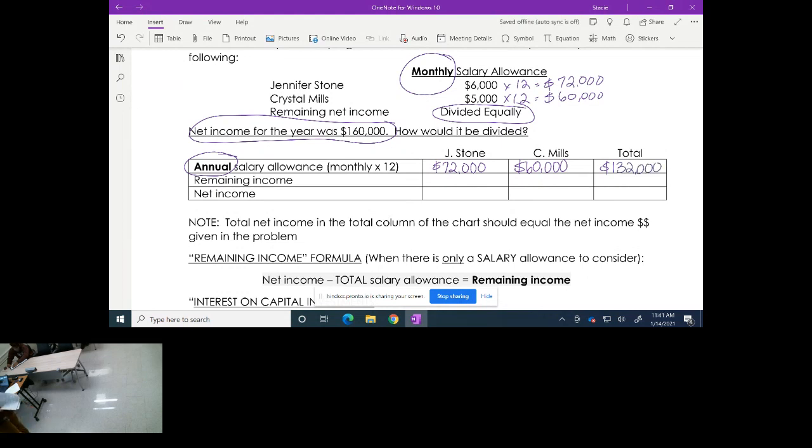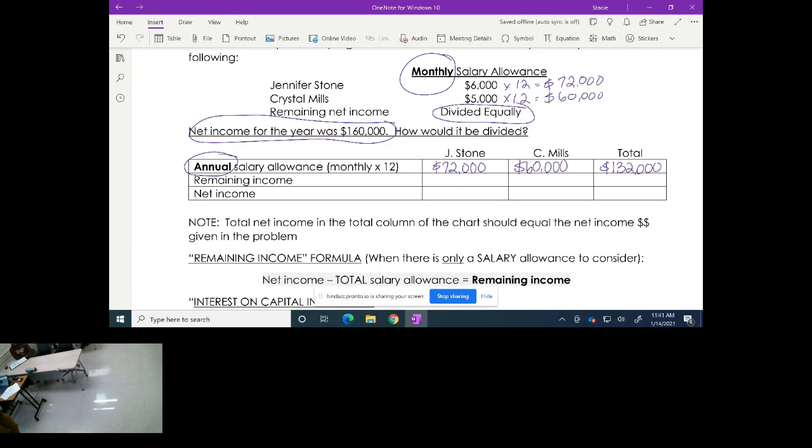All right, so the only thing they have in their partnership agreement for allocation purposes that's specific is her salary allowance will be this much, hers will be this much. So this is something that they're estimating when they form the partnership. We think we'll have this much in net income, and so on. And maybe some years they'll have less than they think they're going to have. So they're just projecting. So they've allocated 132,000 of income.